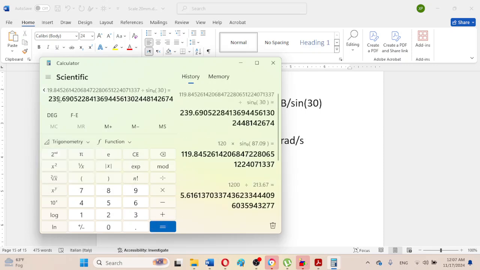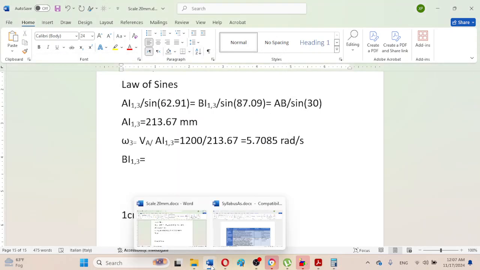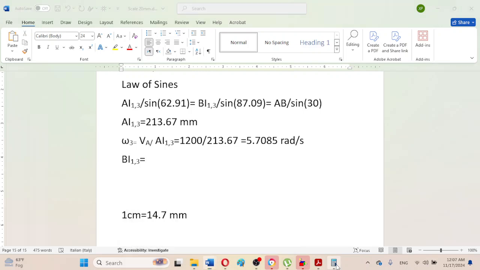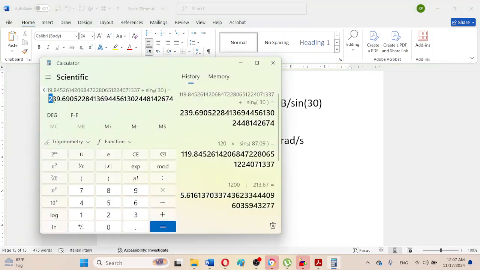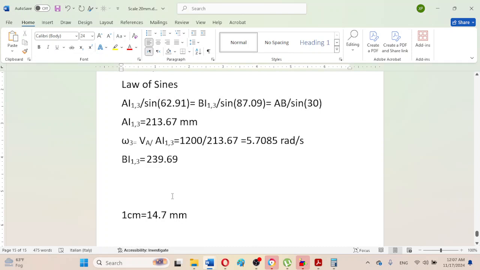As we can observe here, this comes out to be 239.69, so just copy paste it here, 239.69 millimeter.